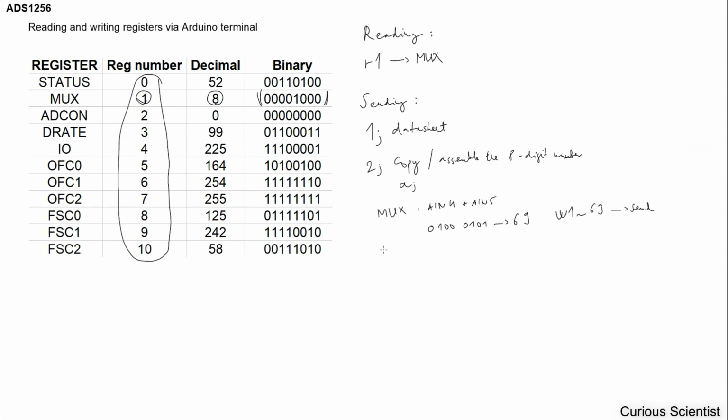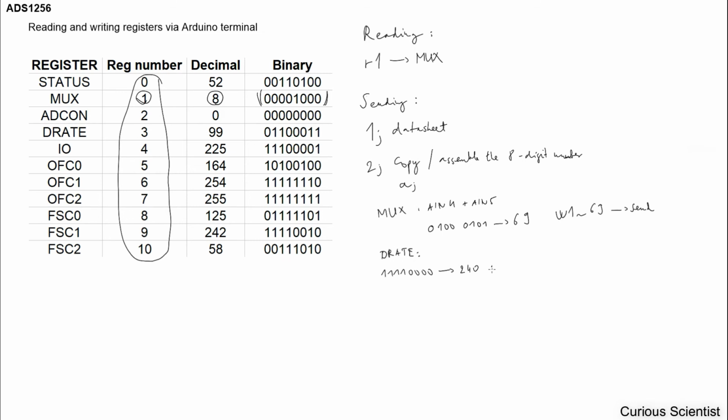Or you want to change the data rate. This is also very simple. Let's say we want to use the default value. It is this one. Again, you see what the value of this is, and this is 240.